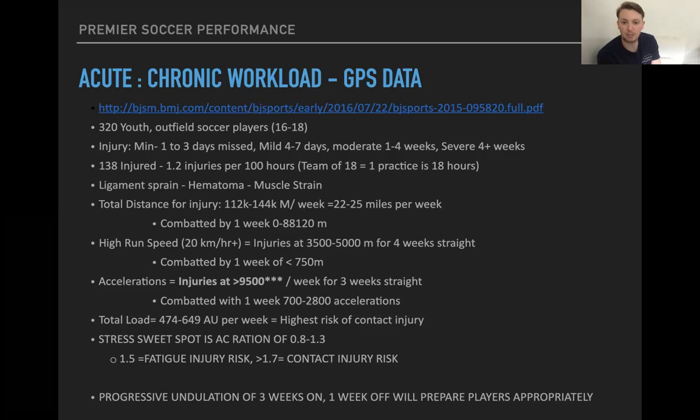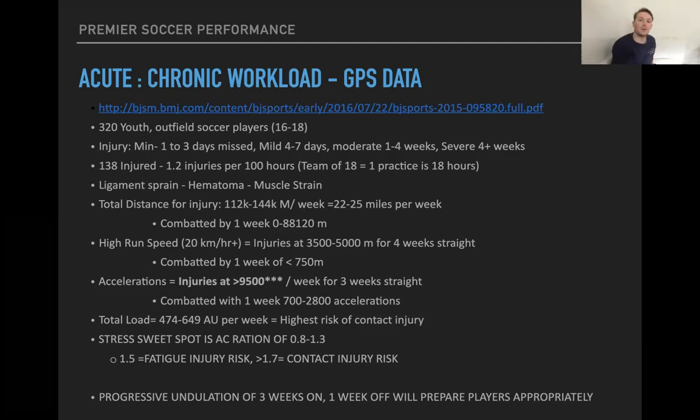Injuries will occur if you spend more than 3,500 to 5,000 meters in the 20-kilometer plus per hour range. If you're sprinting at that speed for more than 3,500 to 5,000 meters per week, you're at an injury risk. To combat that, they have to have an off week of under 750 meters of high-speed sprinting.